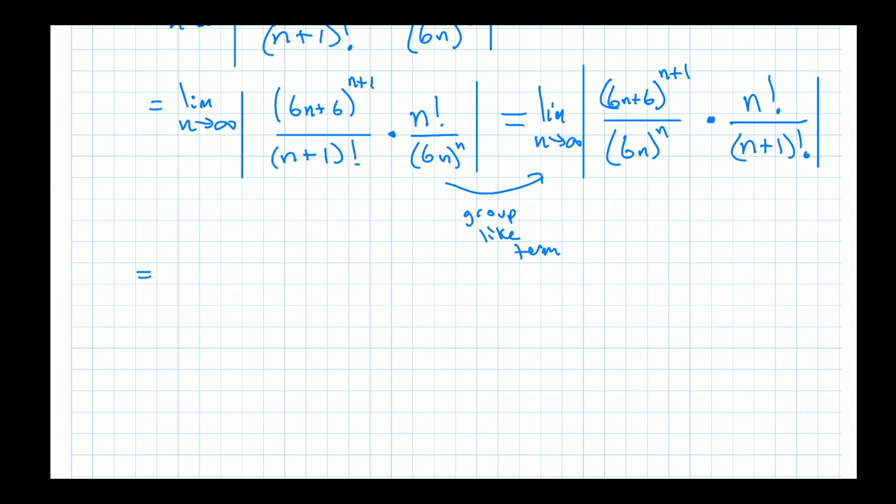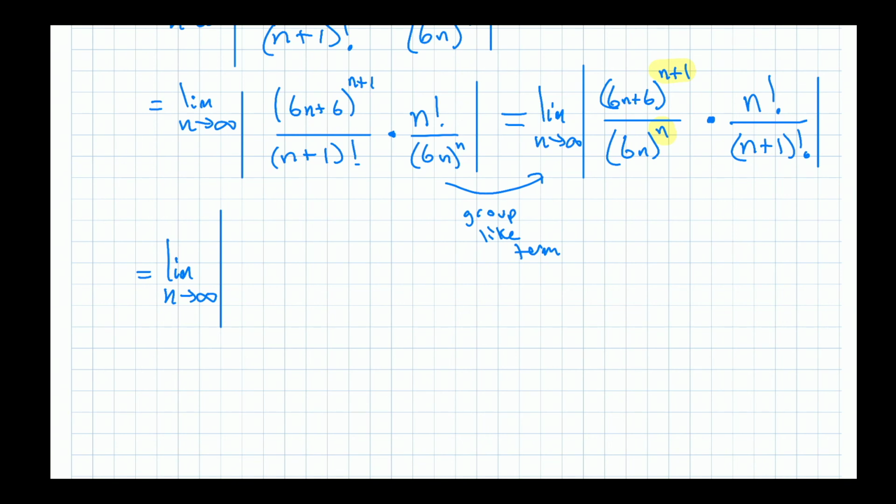Then we need to figure out how we're going to simplify this. So here's how I'm going to do it. This is an n plus 1 and this is an n. That makes it hard to simplify. Not really, but I want those to match.